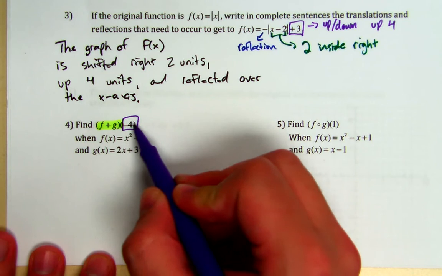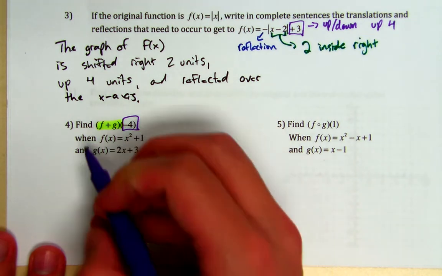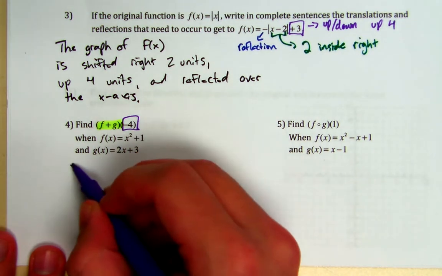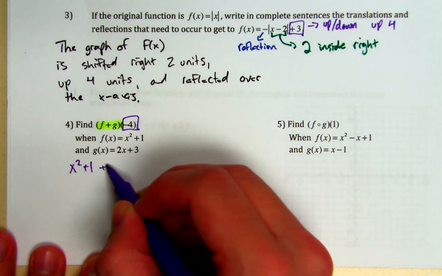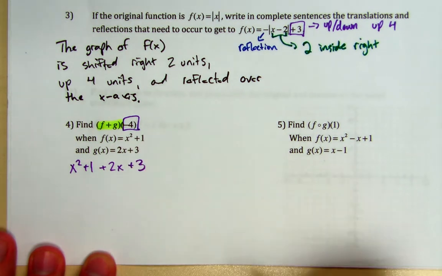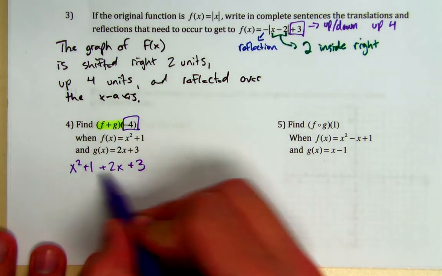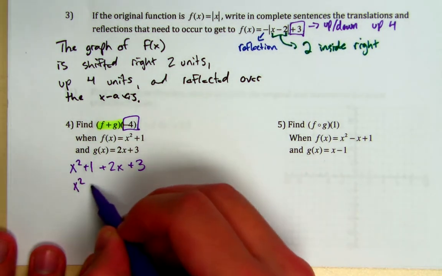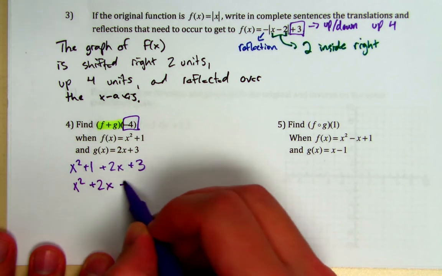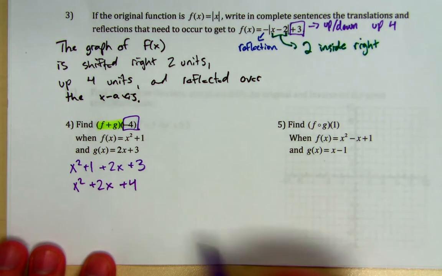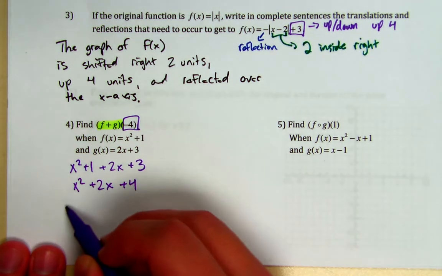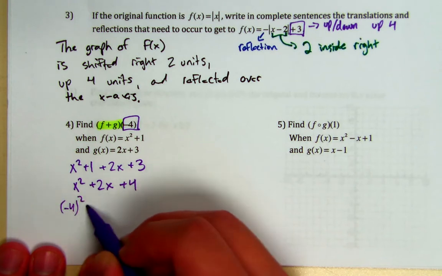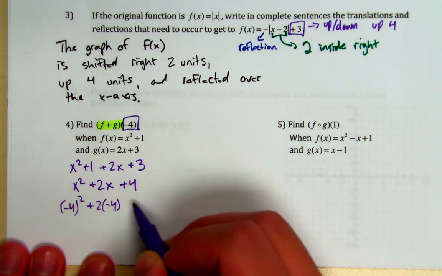So here, I would go ahead and say, f plus g is going to be x squared plus 1 plus 2x plus 3. Well, you can simplify that to x squared plus 2x plus 4. And now I need to put negative 4 in. So negative 4 squared plus 2 times negative 4 plus 4.